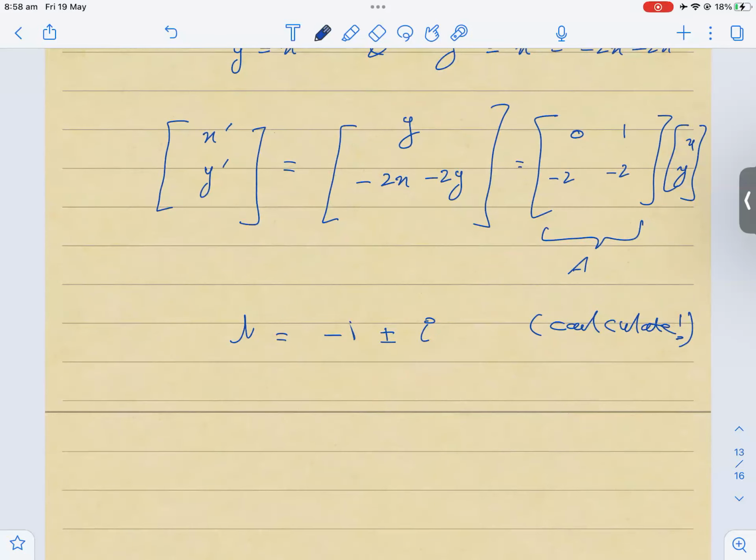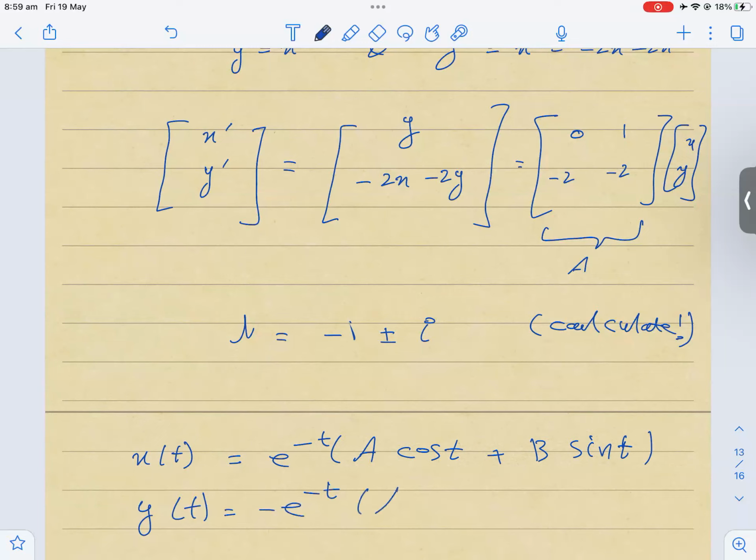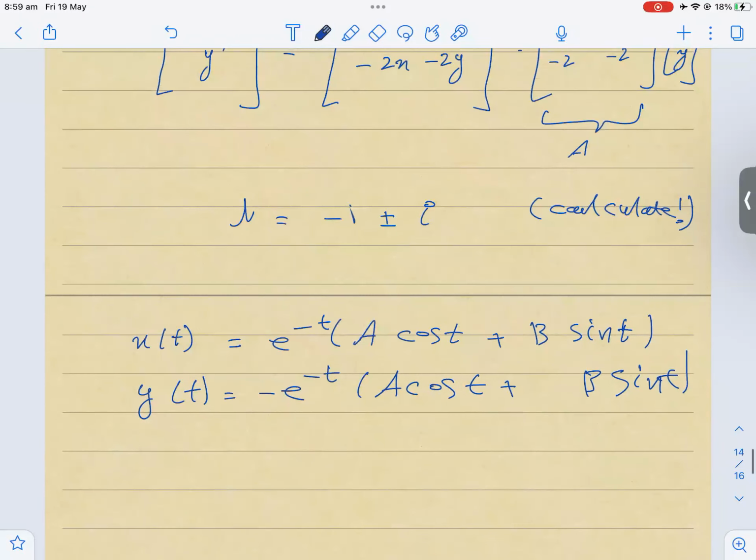And from here, we see that x of t will be e to the minus t times a cos t plus b sine t, and y of t will be its derivative: minus e to the minus t times a cos t plus b sine t, plus e to the minus t times minus a sine t plus b cos t.